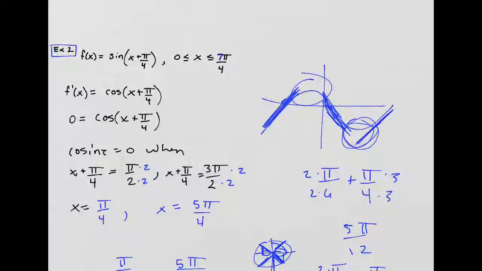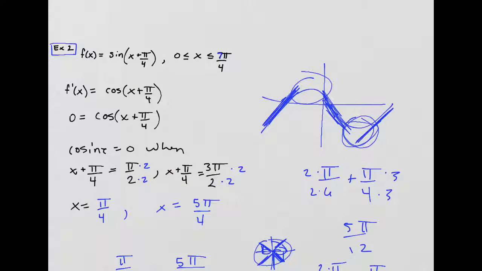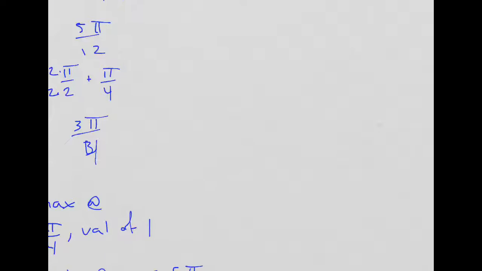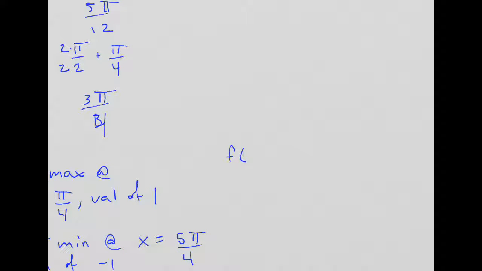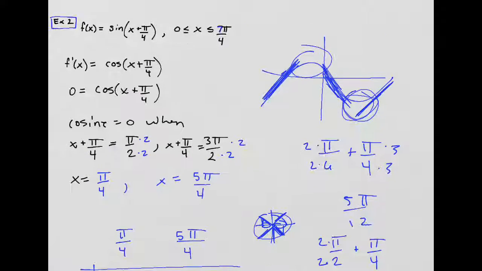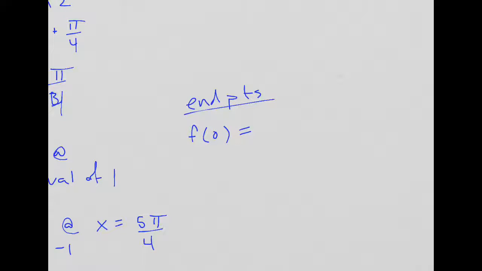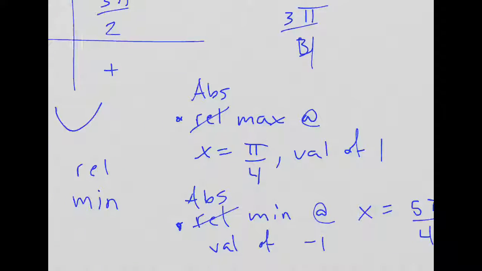So if I plug in 0, f of 0, what is that? These are my endpoints. If I plug in 0, I get sine of pi over 4, that's root 2 over 2. And then f of 7 pi over 4, where's my unit circle?